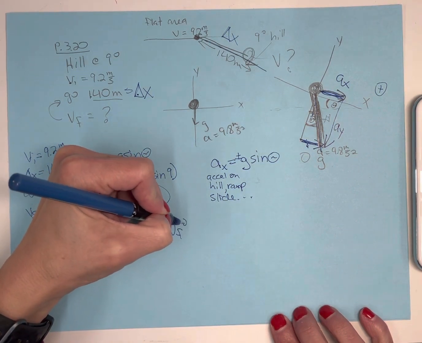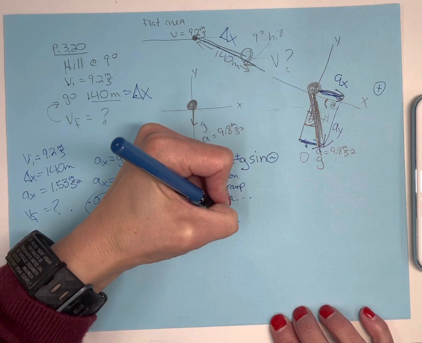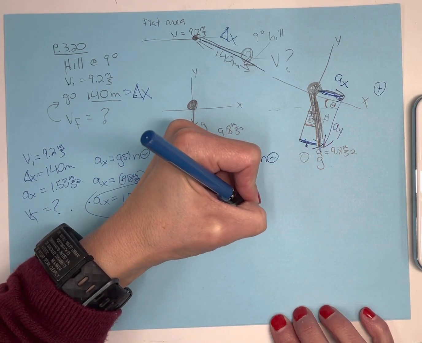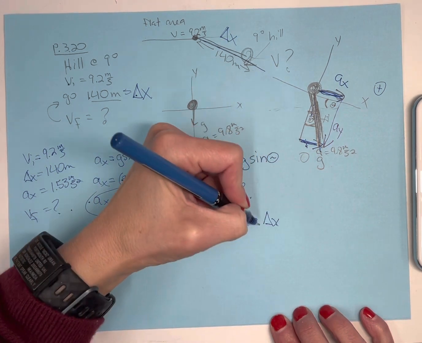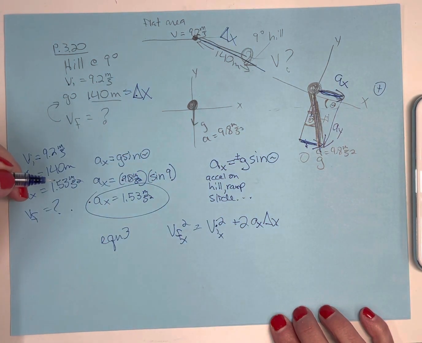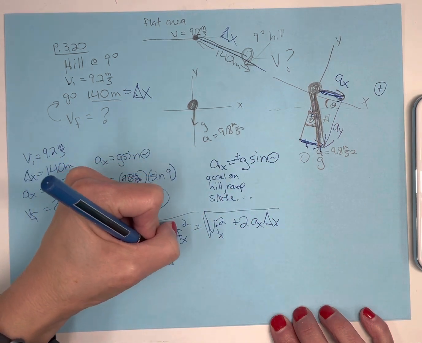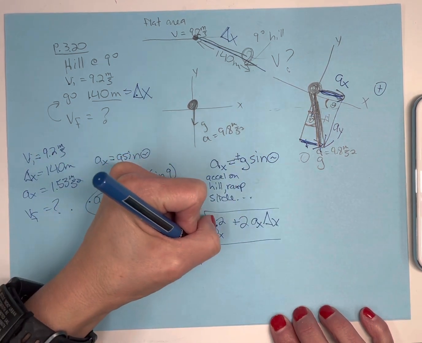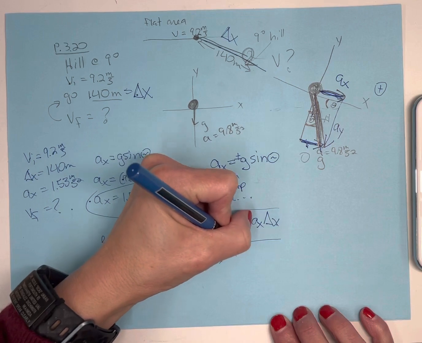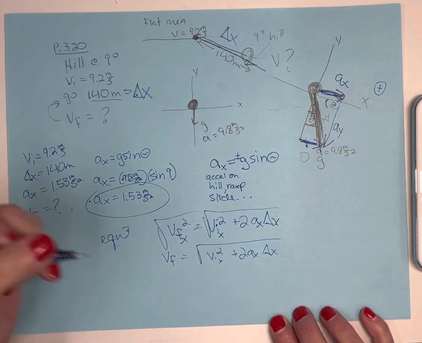So v final squared equals v initial squared plus 2 times acceleration times the displacement. If the displacement is the x, I'm going to have x acceleration, and these velocities will be in the x. So I need to take the square root of both sides. So I have v final equals the square root of the initial velocity squared in the x plus 2 times acceleration in the x times delta x. And let's go ahead and plug in those values.